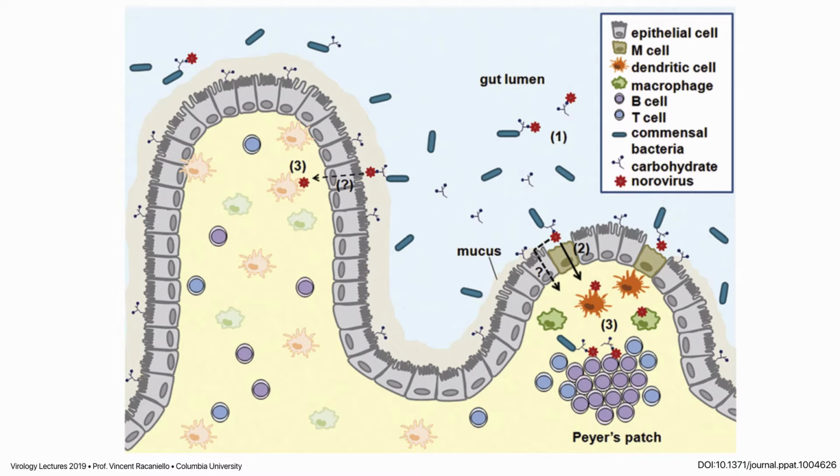And what we think happens is that here's your gut mucosa, epithelial cells, Peyer's patches, collections of lymphoid cells, so lots of B cells in there. Here's norovirus, the red virus particles in the lumen. They bind to a carbohydrate on the bacterial surface.